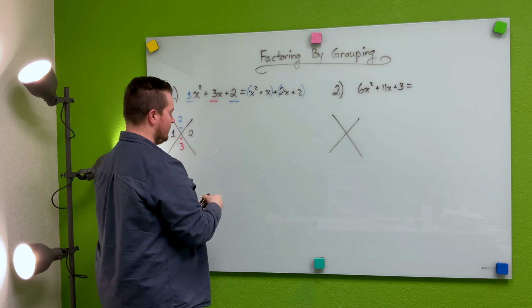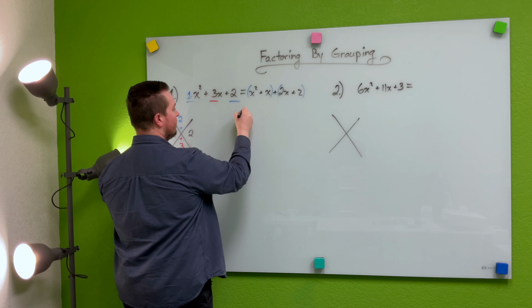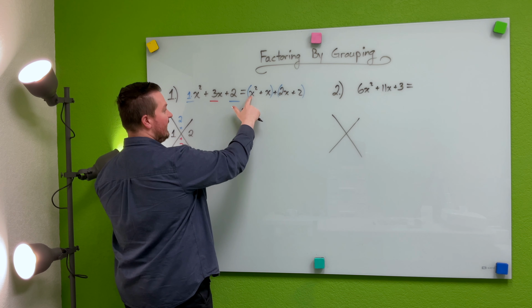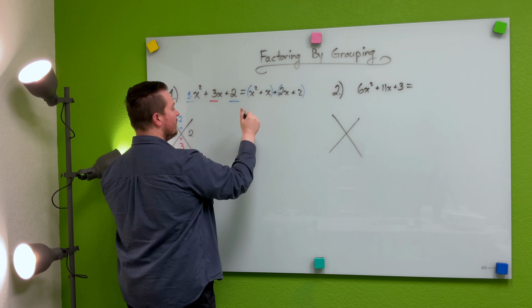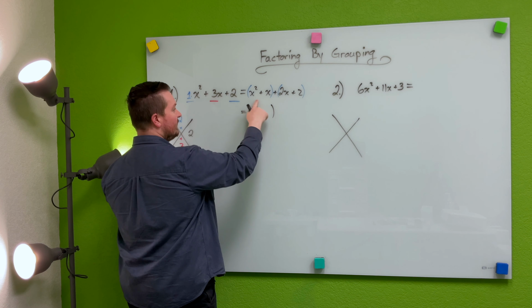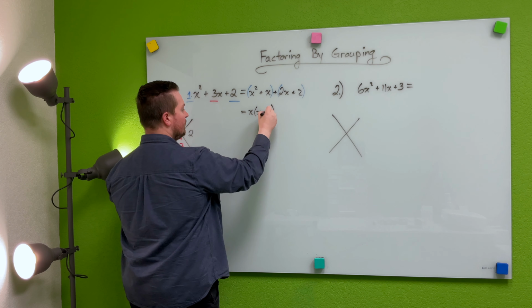And we want to ask ourselves, are there any common factors within this first group that we can factor out? So x squared says that there are two factors of x sitting here. And there's another x right here. So we can factor out a single x. What would be left inside is x plus 1.